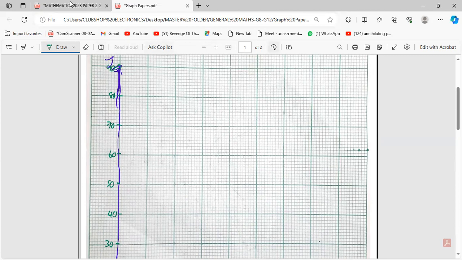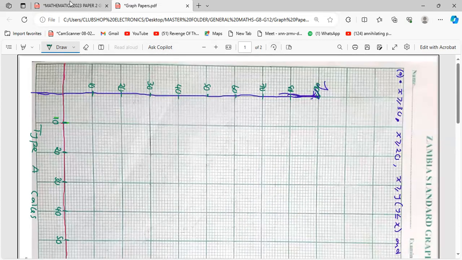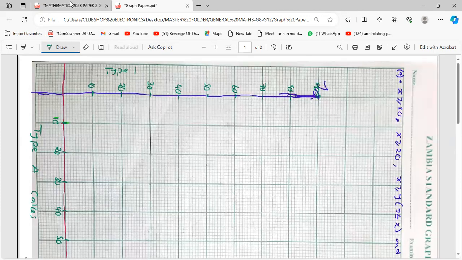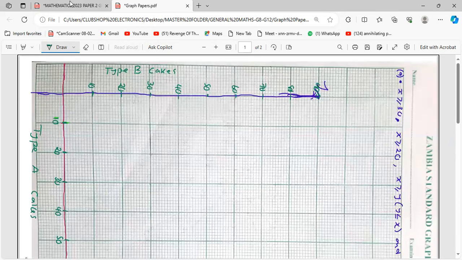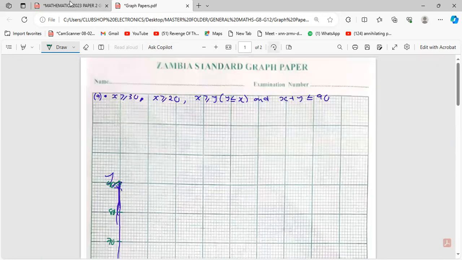That's type B, so we label this axis type B cakes. So that's what we have.